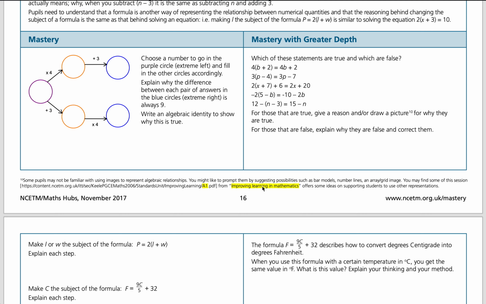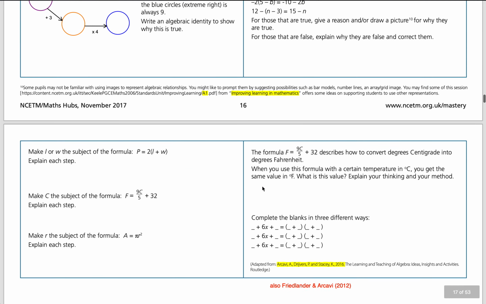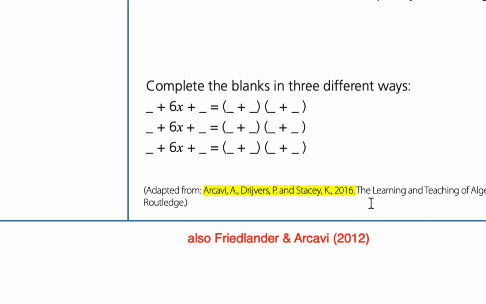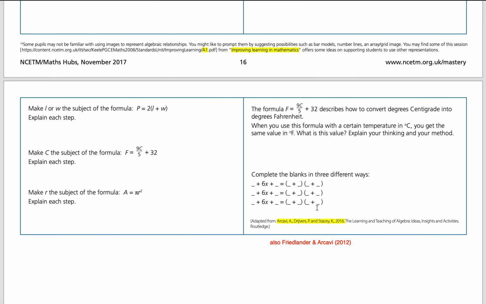Okay? So you can also refer to the source to find out more later. And this one also comes from a book, The Teaching and Learning of Algebra, which is also available in our library. Right? So you can check this book, find out more ideas in the original source.